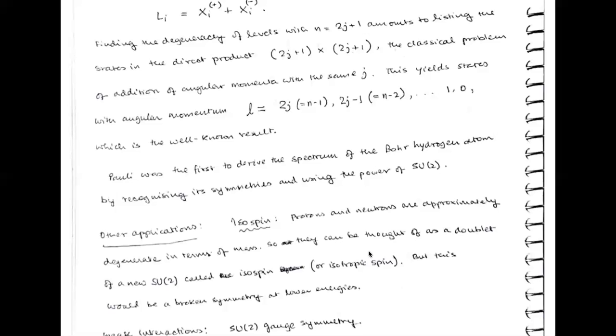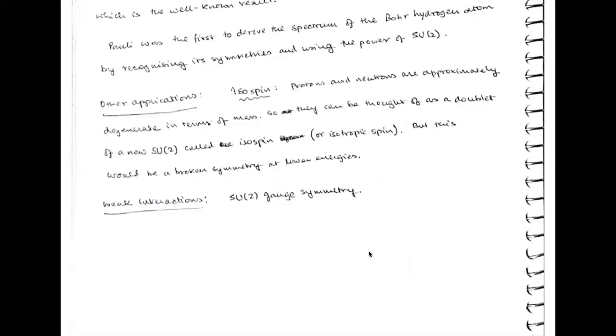Just like, as you might have learned, or you will learn in some time, electromagnetism can be understood as a gauge theory where the underlying gauge group is U1. You can think about the theory of weak interactions being modeled as an SU2 gauge group, and this explains the modern theory of things like the beta decay. But we will not have much to say about this part, unfortunately. This is beyond the scope of what we want to discuss here.